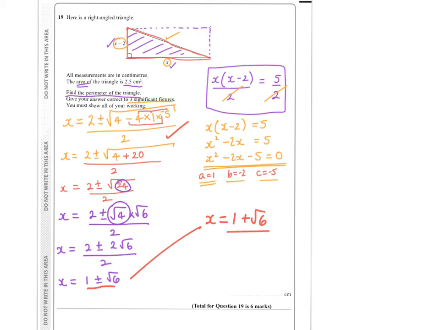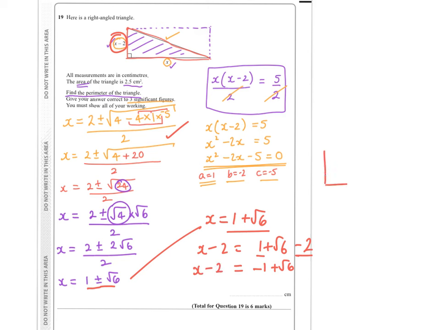So if x is 1 plus root 6, then what do you think x minus 2 is? Well, x minus 2 would be 1 plus root 6 minus 2, which would be, well, 1 take away 2 is minus 1 plus root 6. So that's what x minus 2 would be.